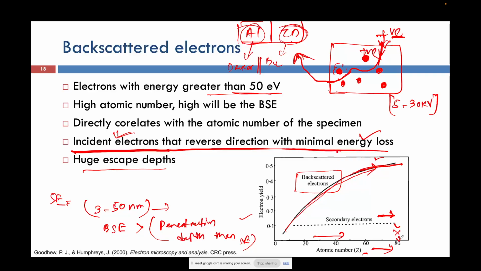It depends on the detector. It has nothing to do with your material. It has more to do with the detector, because some detectors are equipped to give you high counts, and some detectors are equipped to give you low counts, but their signal to noise ratio will be very high.